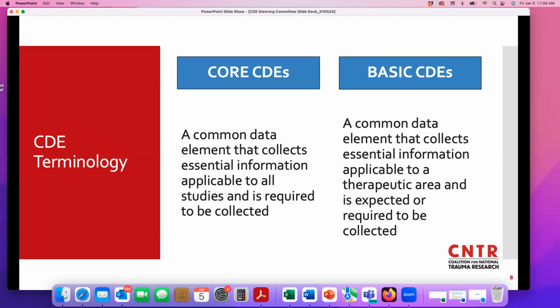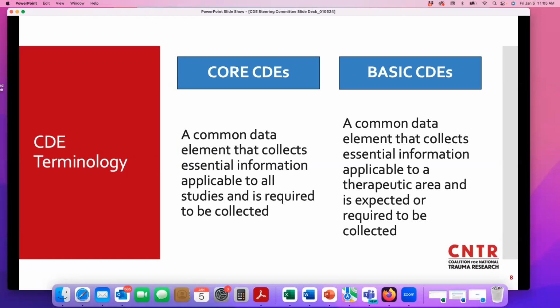We wanted to just remind and talk about the fact that we're going to use the CDE terminology or leveling that FITBR does in regards to what is a core CDE versus what is a basic CDE. So the core CDEs is going to be a set of common data elements that collects essential information applicable to all studies and would be required to be collected, versus the basic set, which would still be common data elements, but they would be collected in each therapeutic area.